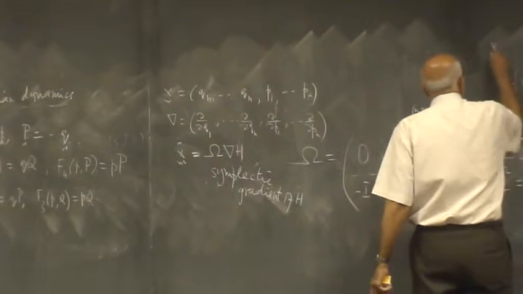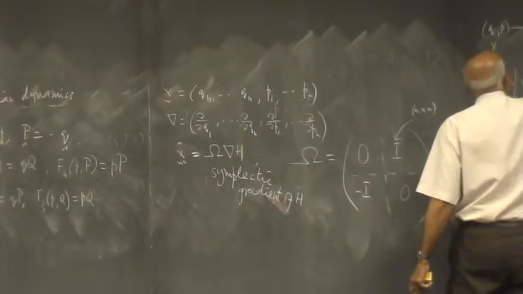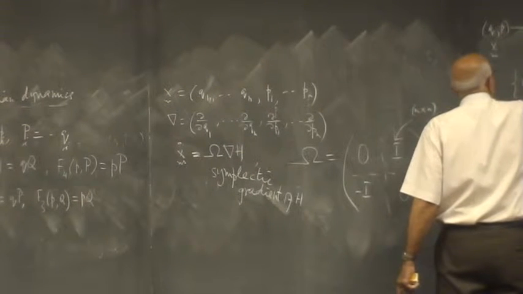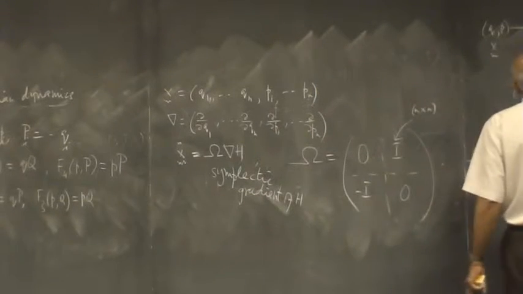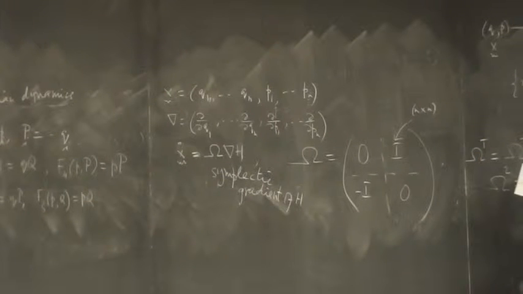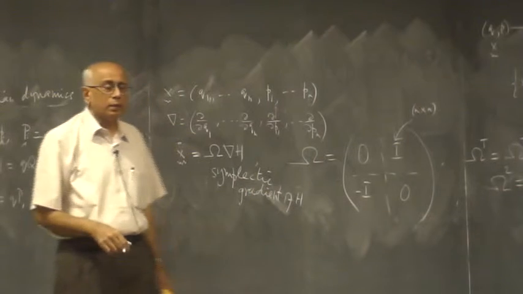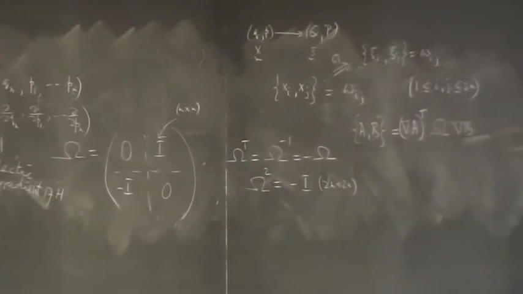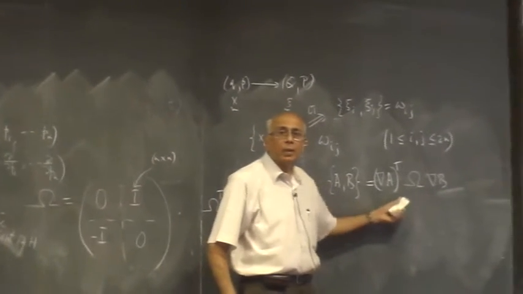If from x, from QP, I go to QP, I call this guy x, I call this guy xi, an n-dimensional vector here, then the Poisson bracket relation implies, the canonical transformation implies, the Poisson bracket of xi i, xi j equal to the same as for x. That's what is meant by preserving the Poisson bracket. But the Poisson bracket can be written in this form. Okay.